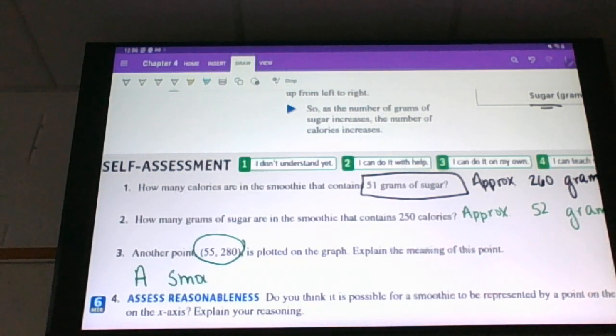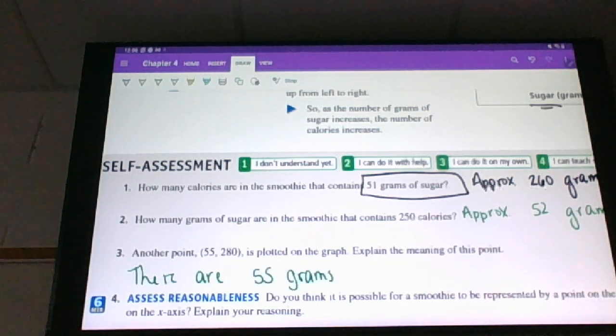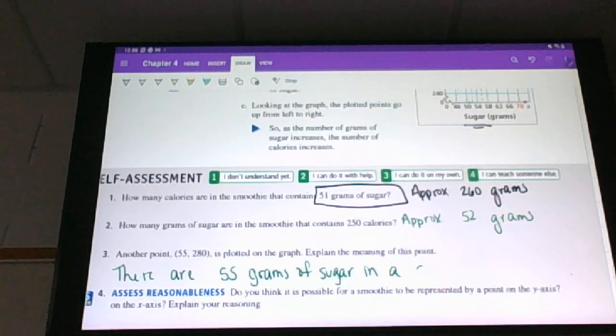There are 55 grams of sugar in a smoothie that is 280 calories.